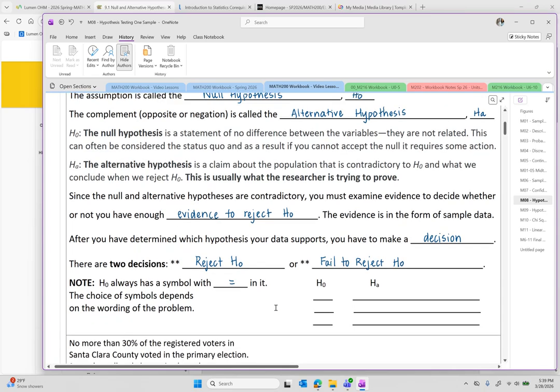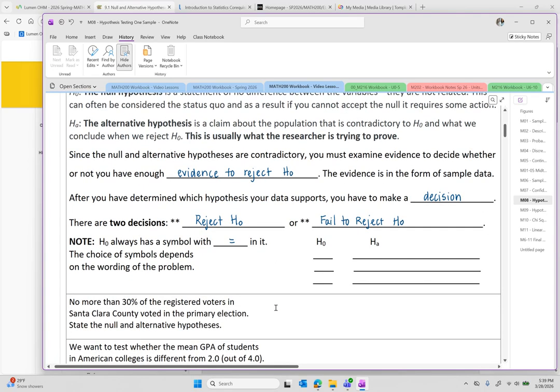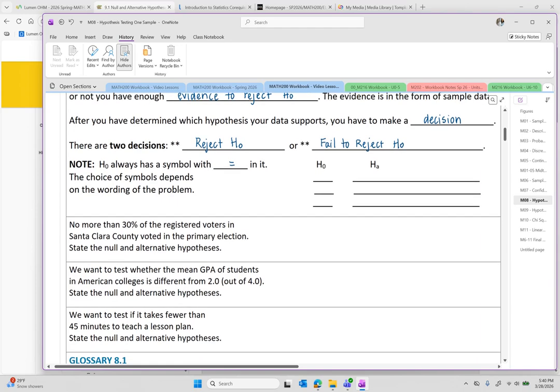Another thing that we need to know is that when we write the hypotheses, the null hypothesis will always have the symbol equal in it. The choice of the symbols depends on the word problem, but the null hypothesis will compare numerical values, and it will have either the equal symbol, or the greater than with the equal symbol, or the less than with the equal symbol.